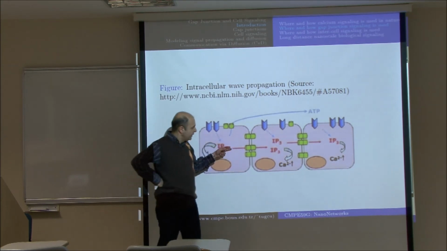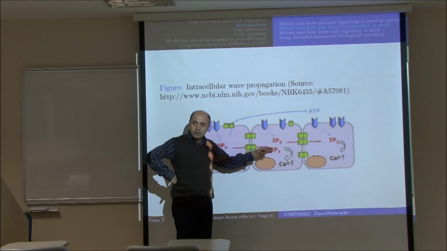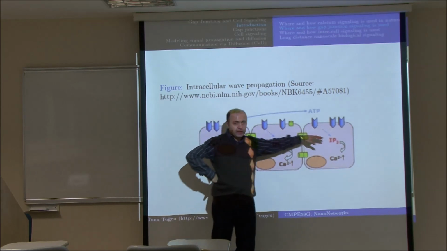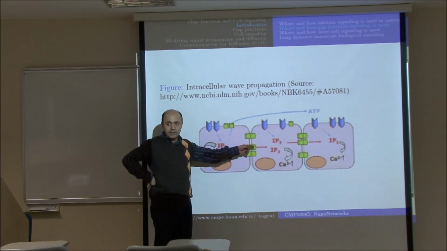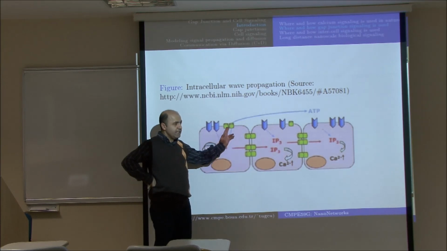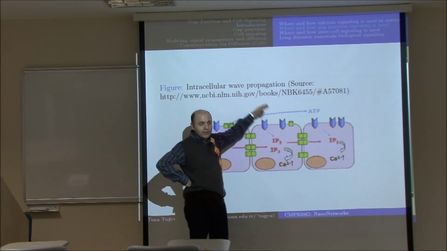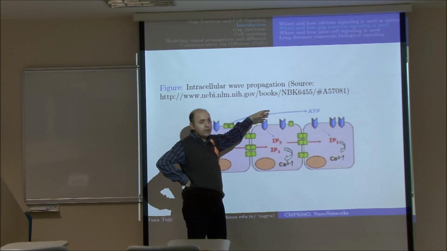But meanwhile, the passage of the IP3 molecules here will cause a similar operation here, and this will do a similar thing in here. Another way of signaling to the neighbor cell would be sending ATP from here, which will diffuse in the environment with Brownian motion and hopefully arrive at one of the neighbors.